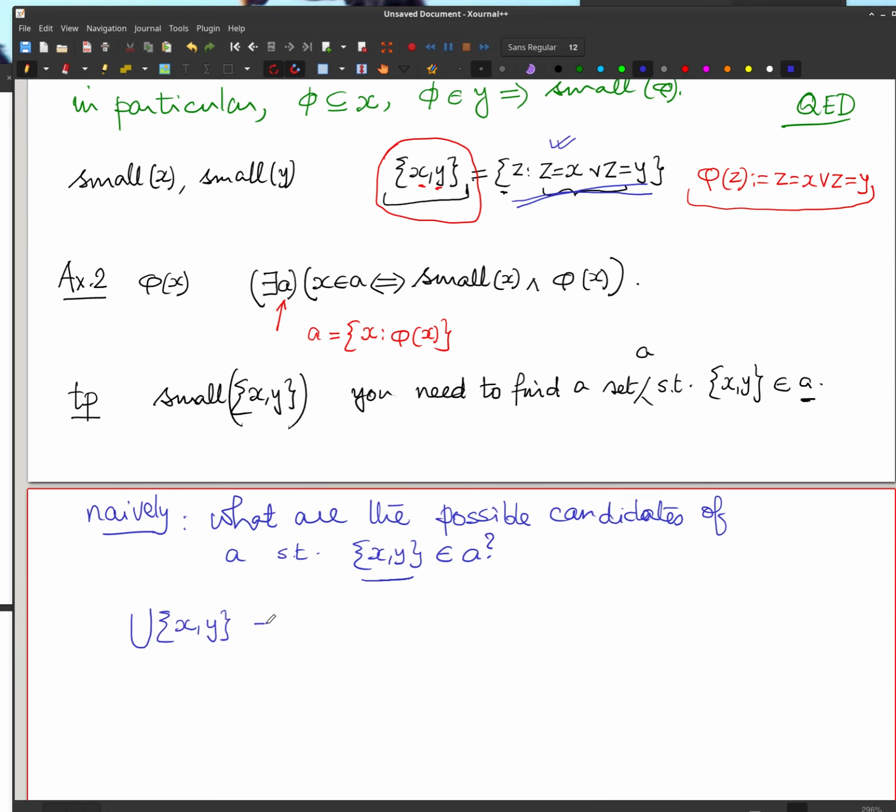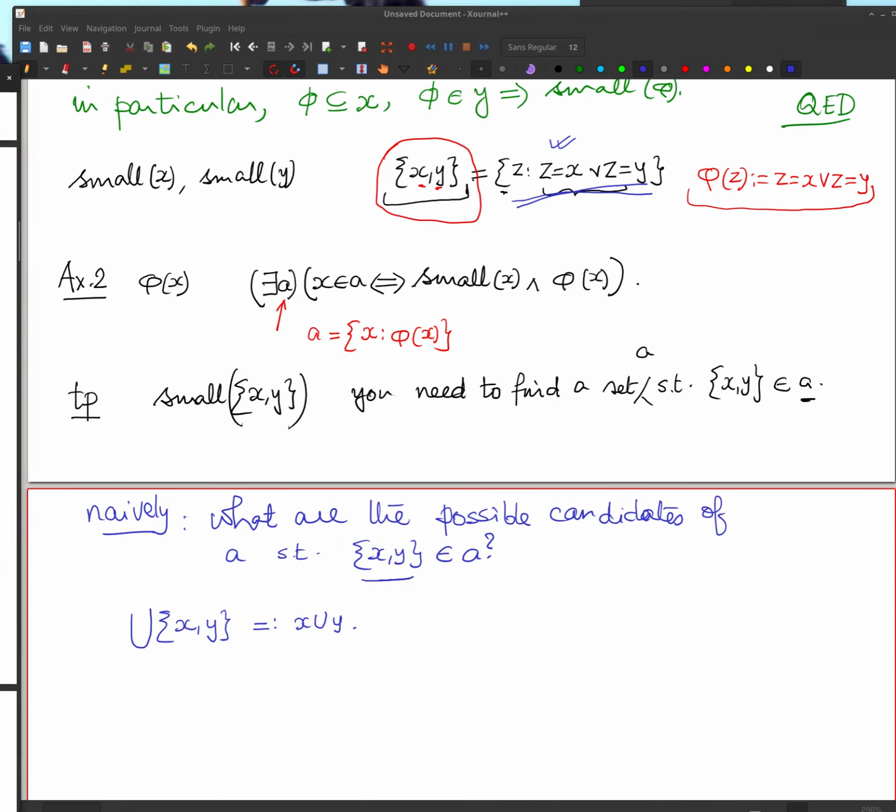As we have seen, this is X union Y. That's the notation that we gave a little earlier, in one of the exercises, the last exercise, 2.3.1.